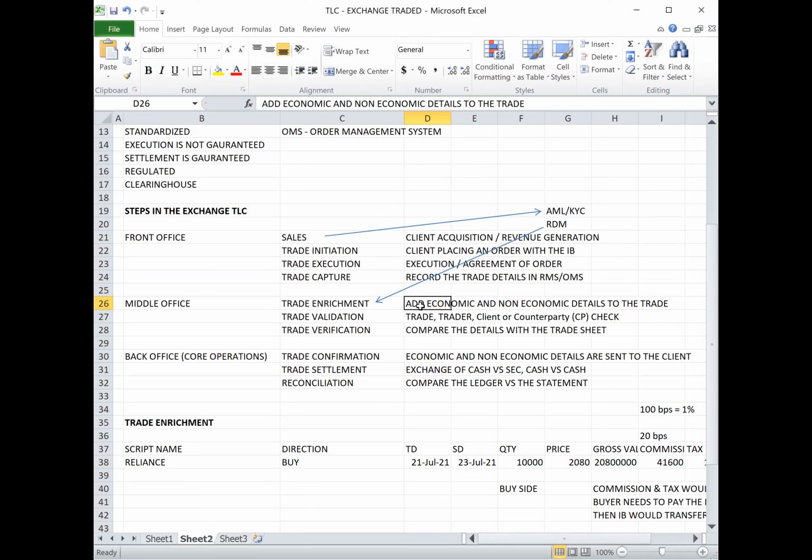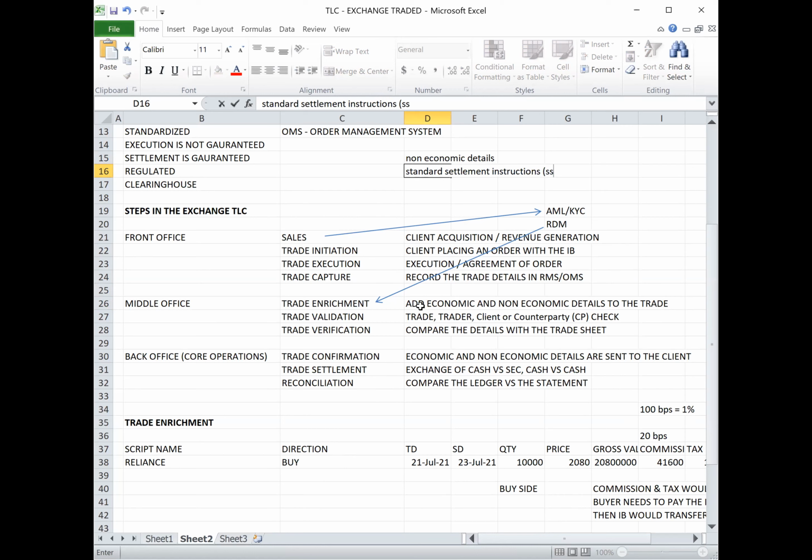Yeah, they will help in settlement. We also call them standard settlement instructions. Okay, so non-economic details will have standard settlement instructions. Okay, these are some terminologies.